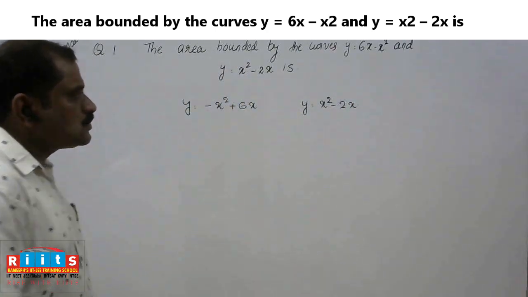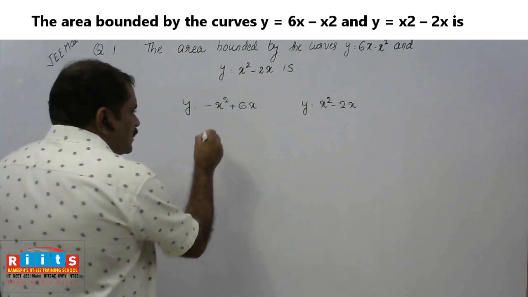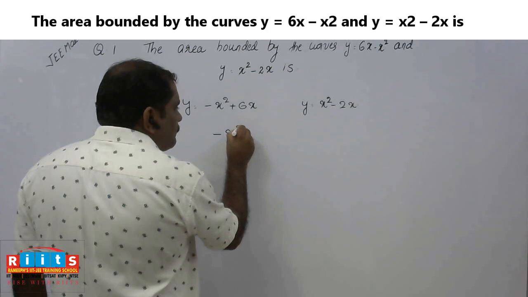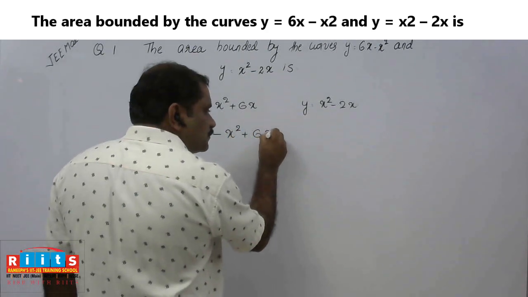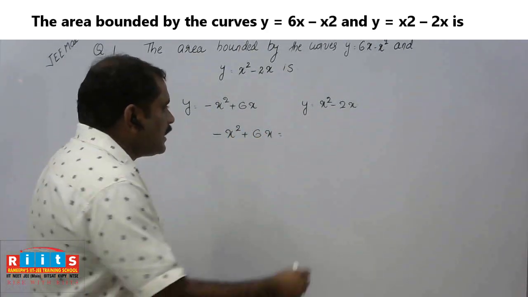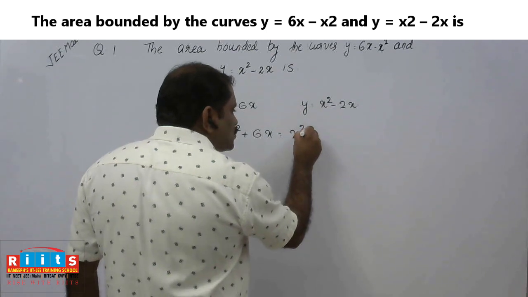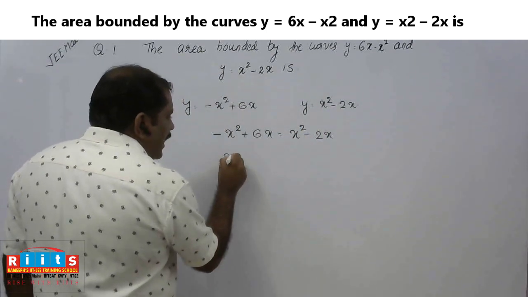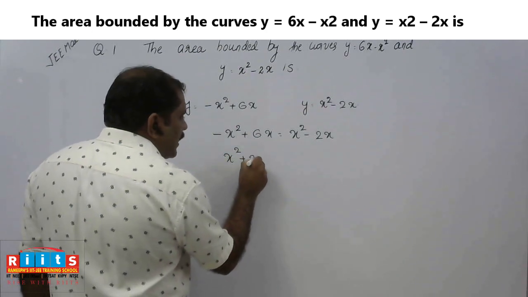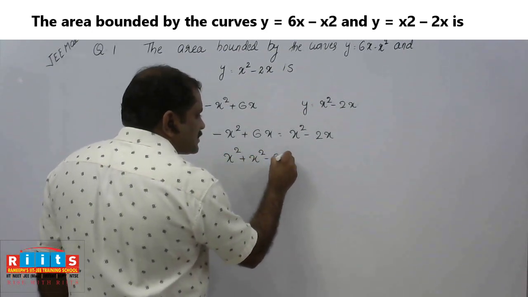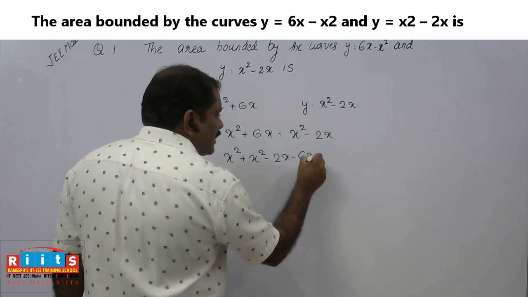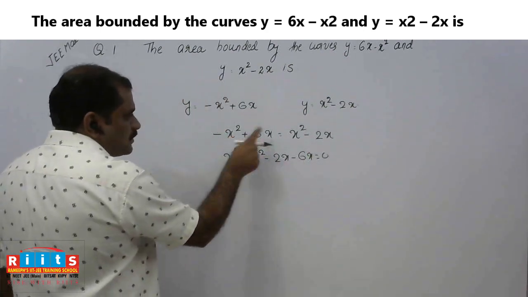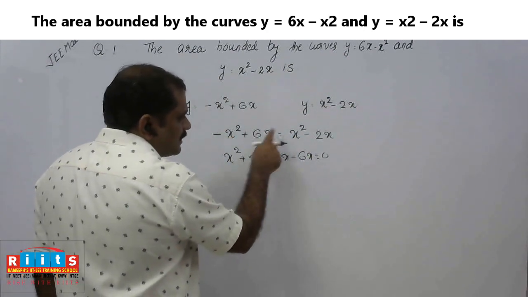First of all, solve both equations. That is, minus x square plus 6x is equal to x square minus 2x. So, x square plus x square minus 2x minus 6x is equal to 0. Take minus x square here and plus 6x here.